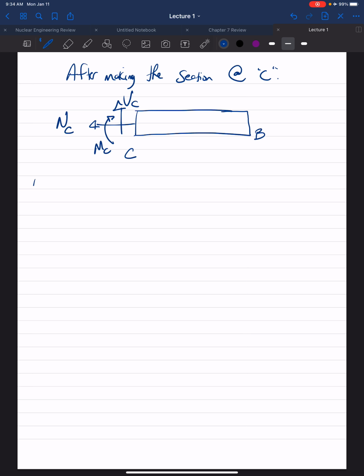So initially, back to our statics analysis, this is a quick review. The intensity was 270 newtons per meter. It's a triangular loading for 9 meters. But since we sectioned it at C, we're left with 6 meters. So our loading is smaller. So what's our intensity here?